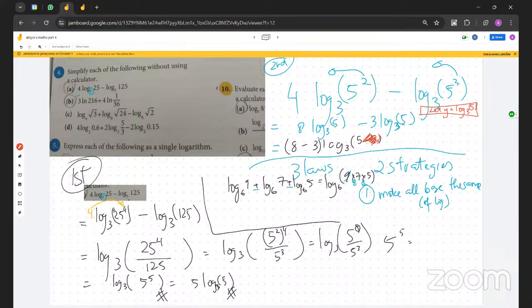Why do you leave the 8 minus 3 in the bracket? Please don't do that. Okay, waste of time. Don't leave the 8 minus 3 as 8 minus 3.